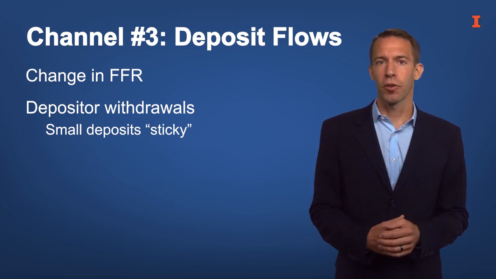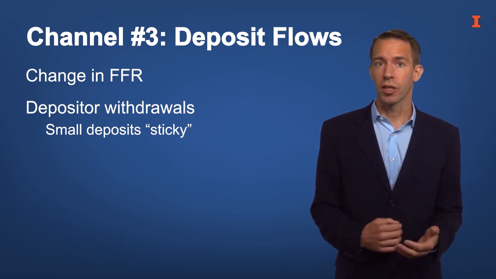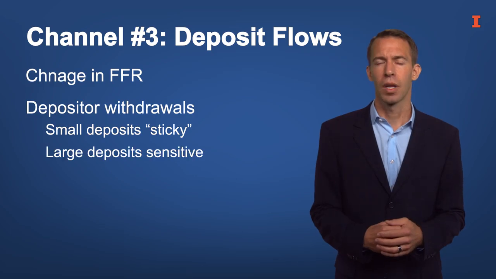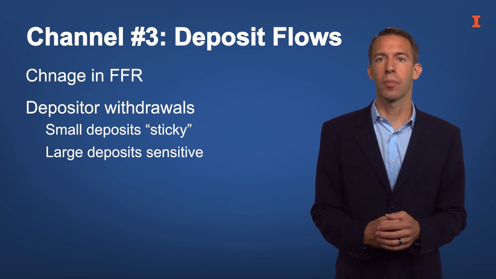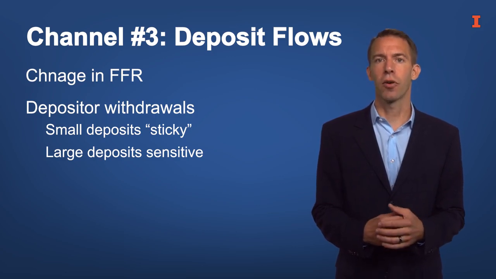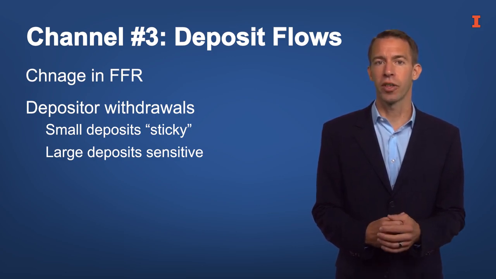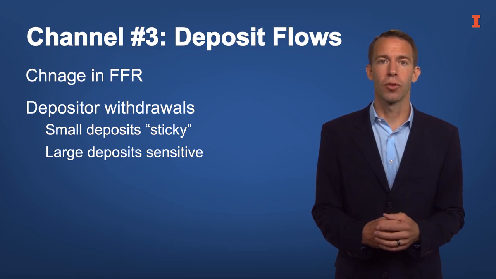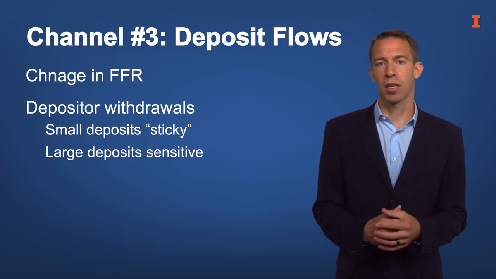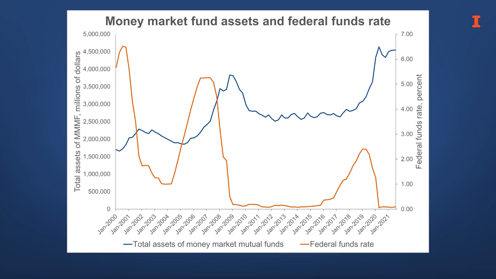However, some depositors, especially those with sizable deposits, do switch. They tend to withdraw their deposits from banks when the difference between the deposit rate and interest rates on alternative investments increases. The closest substitute to deposits are money market mutual funds. The graph shows total assets of money market mutual funds and the federal funds rate.